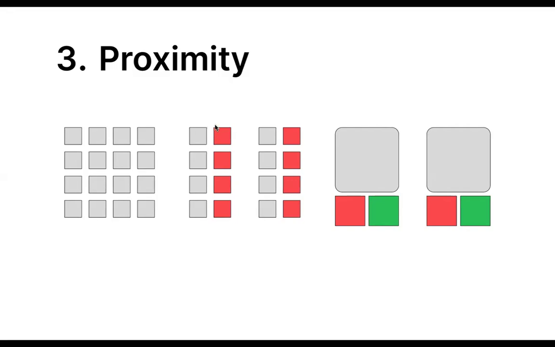So this red and gray square belong together. This square does not belong to this red square. This red square does not belong to this red square, even though they may have the same function. But this one belongs, they belong in the same group. Simple. And the same thing here.